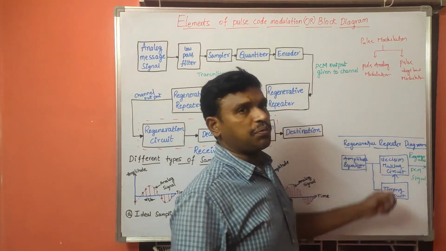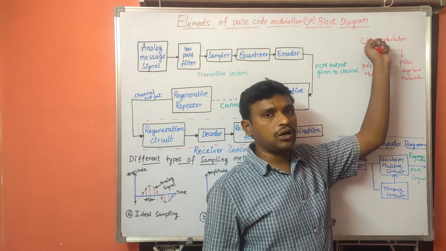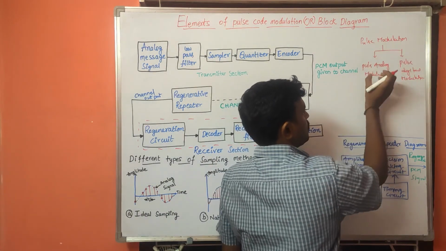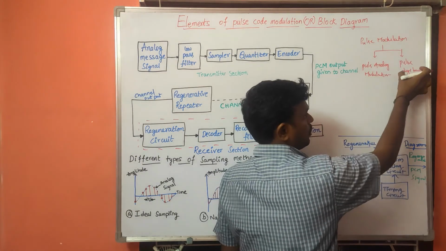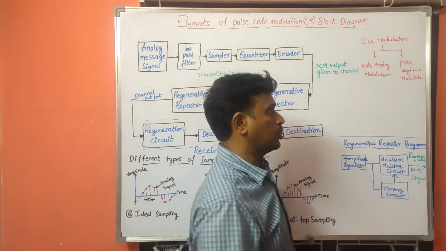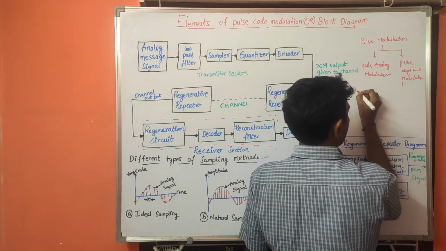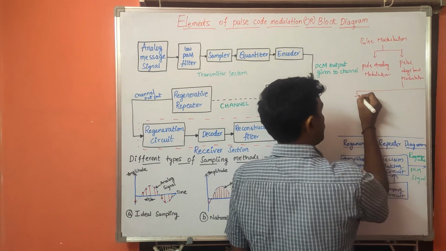Whatever the modulation may be, pulse modulation has two types under it: pulse analog modulation and pulse digital modulation. Under pulse digital modulation we also have different types of modulations.